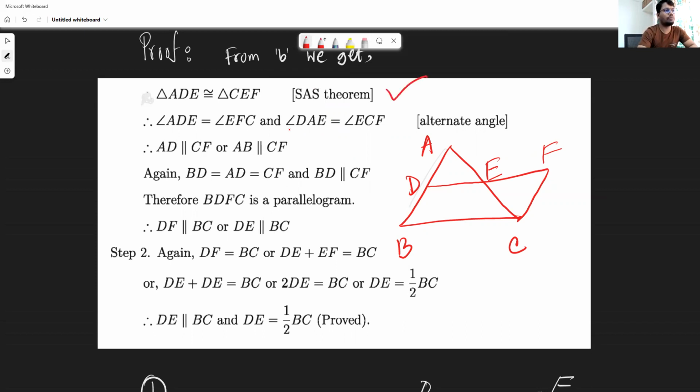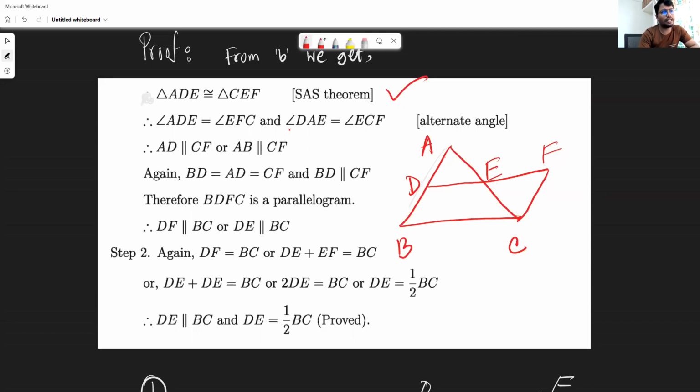We have already shown this in part B. When these two triangles are congruent, all their corresponding sides and all their angles must be the same. So almost we can say they are twin triangles, the same as each other.